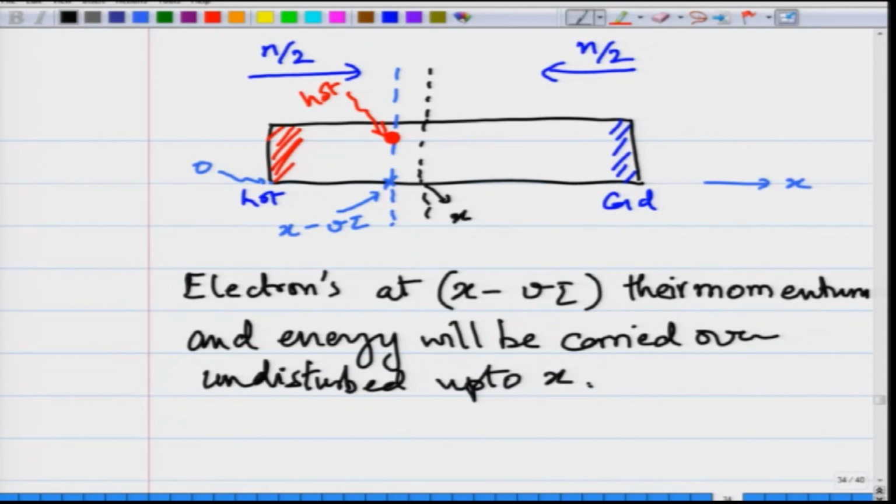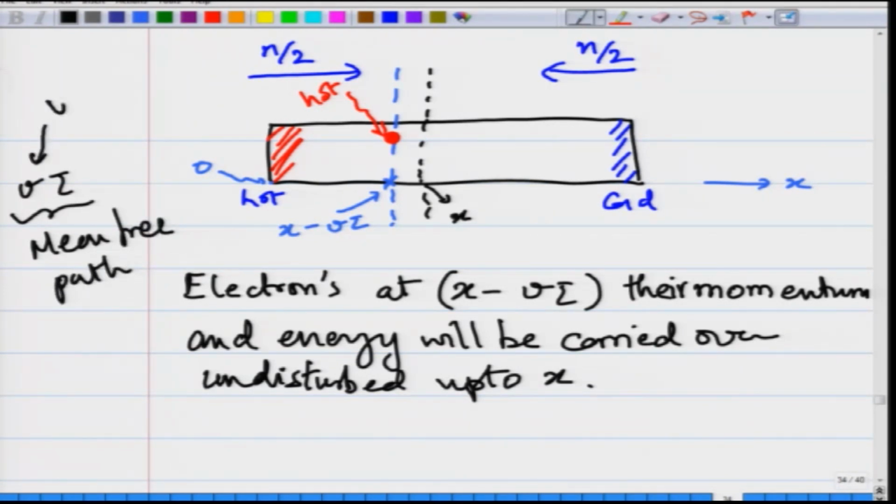up to x. Because what is v times tau? V times tau, if you recall, is the mean free path. Over this distance v times tau, as per Drude's model, there is going to be no collision experienced by the electron, because tau is the time interval between two successive scatterings and v is the average velocity.